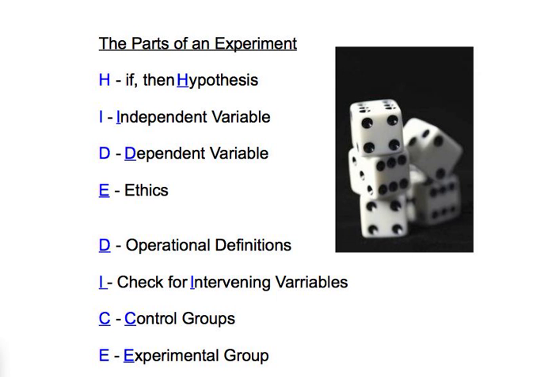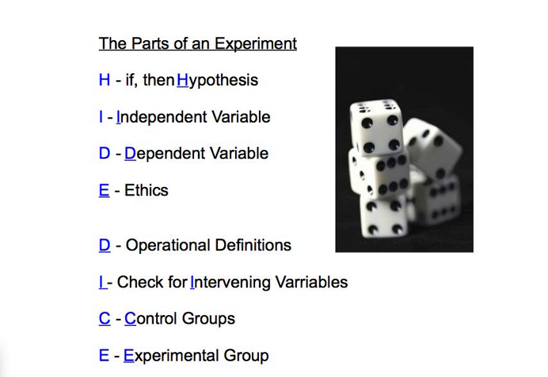What the control group allows you to do is find out whether it is actually the independent variable, or just the perception of the independent variable, that is resulting in the change in behavior.